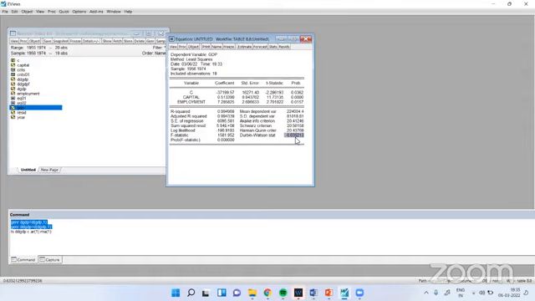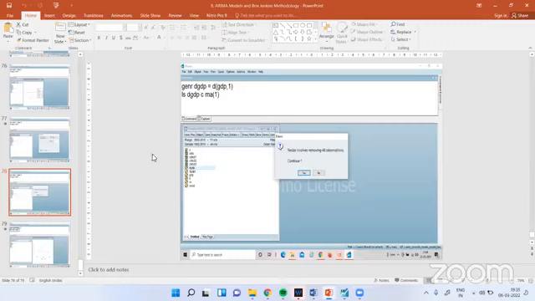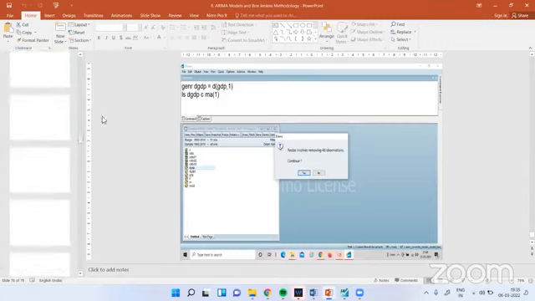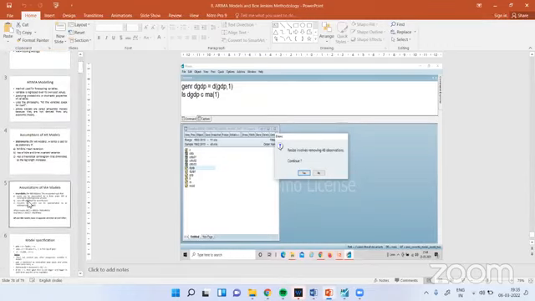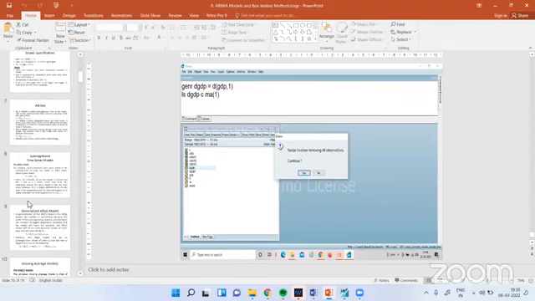Please write down somewhere: if R square is greater than Durbin-Watson. If you want to write down the very technical thing, I will explain here very technically how you will write it down.